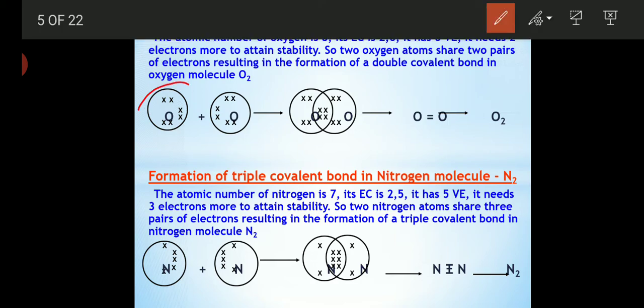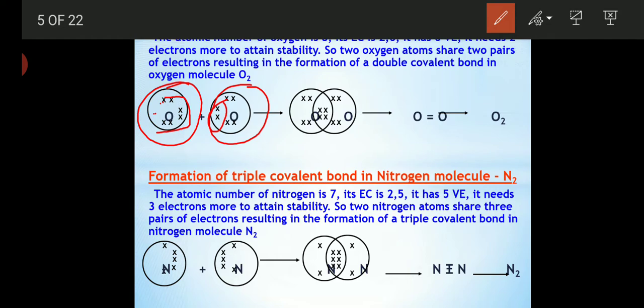See this oxygen. These cross signs indicate the number of electrons. So it has 6 electrons. To become an octet, it needs 2 electrons, and one more oxygen combines with it and shares these 2 electrons and becomes stable.